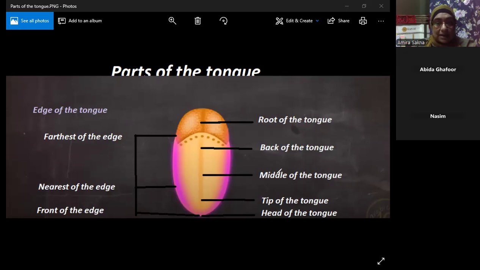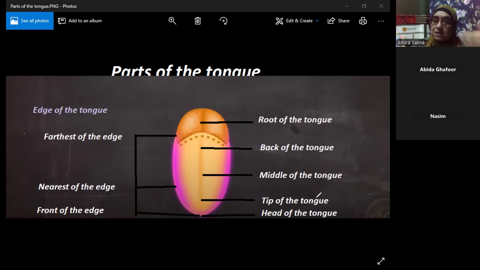Quick revision: root of the tongue, Ain, Ha; back of the tongue, Qaf and Kaf; middle of the tongue, Jim, Sheen, Ya.